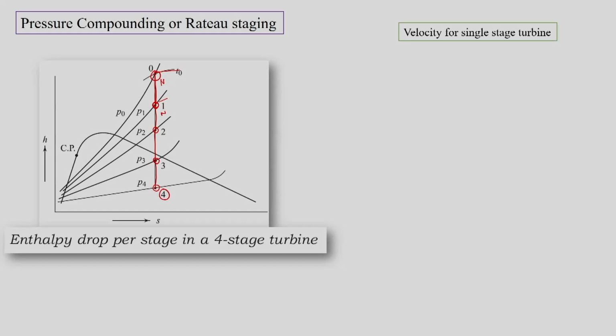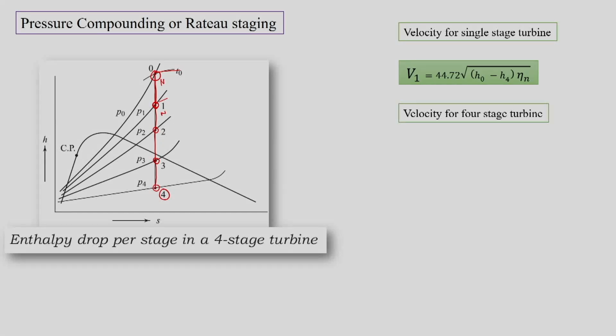Now, we can see that the velocity for a single stage, as we know, can be found from this formula: V1 equals 44.72 square root of H0 minus H4 into nozzle efficiency. This is if we have only one stage, then this would be the absolute velocity.